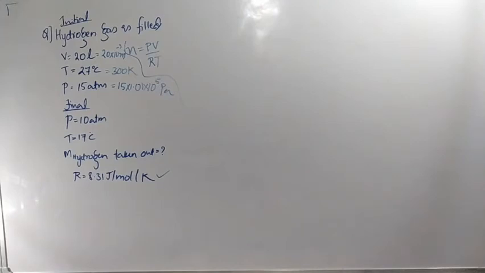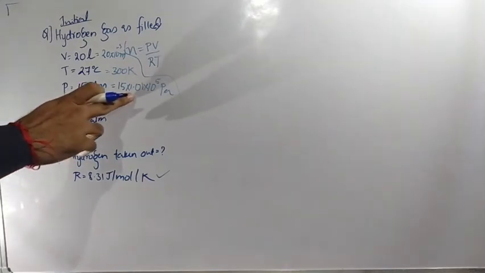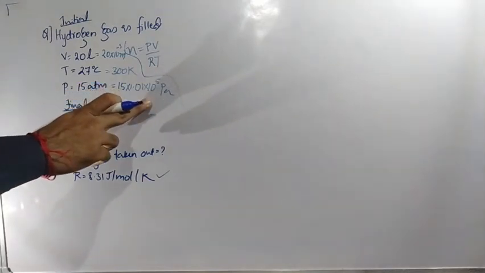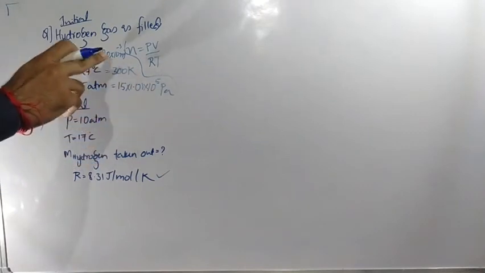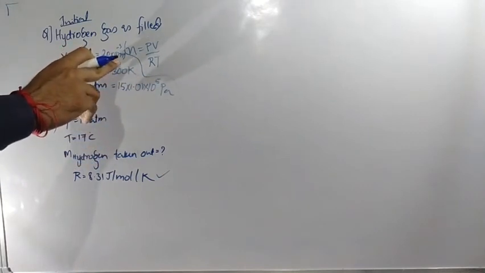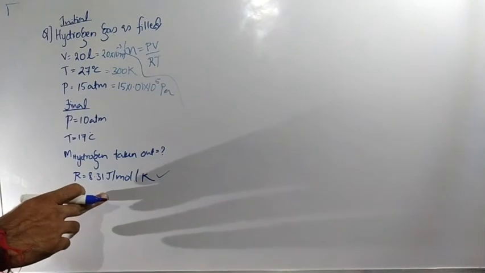So P value is 15 into 1.01 into 10 to the power of 5, V value is 20 into 10 to the power of minus 3, divided by R value 8.31, T value 300.